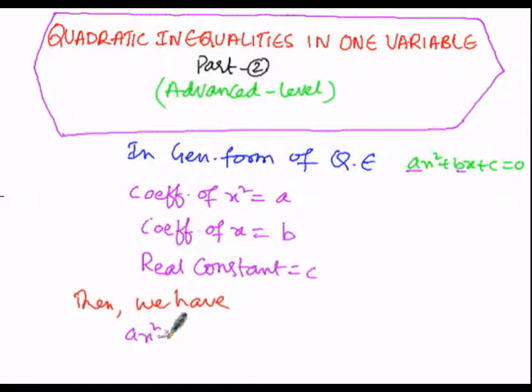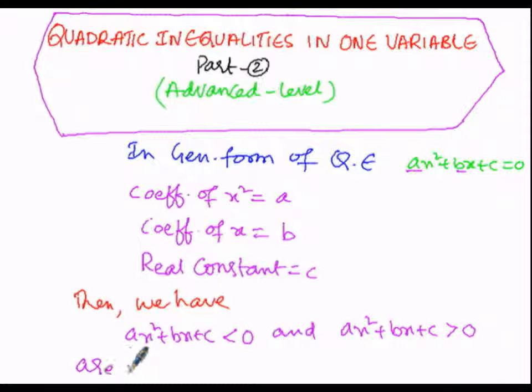ax square plus bx plus c less than 0 and ax square plus bx plus c greater than 0 are the quadratic inequalities.